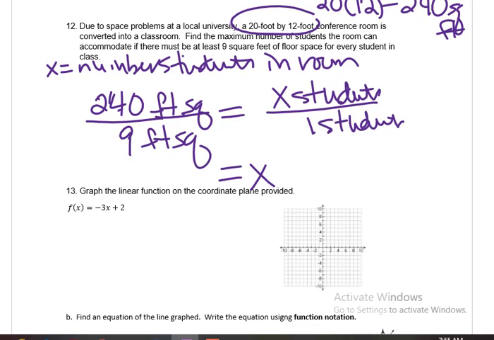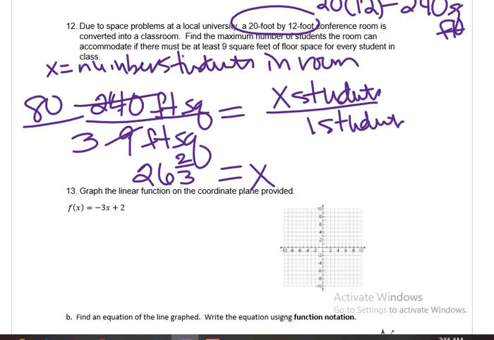All right, so let's see, some canceling. I see that 3 goes into 9 3 times and 3 goes into 240 80 times. And so if I divide 80 by 3, I get 26 and 2/3.